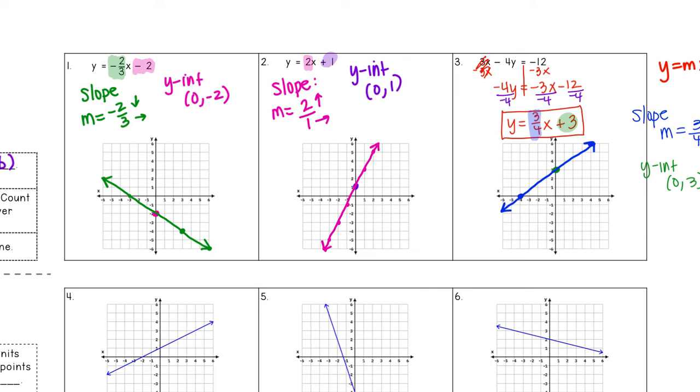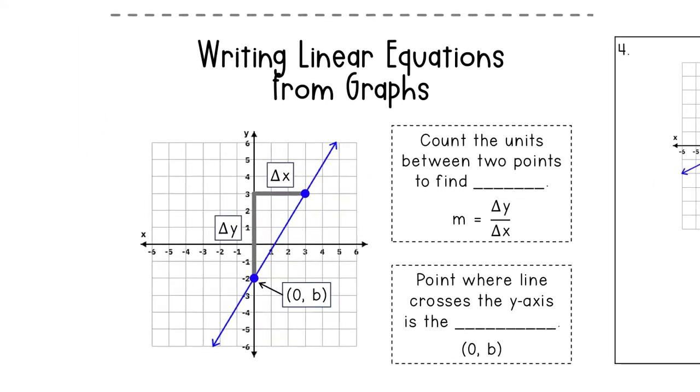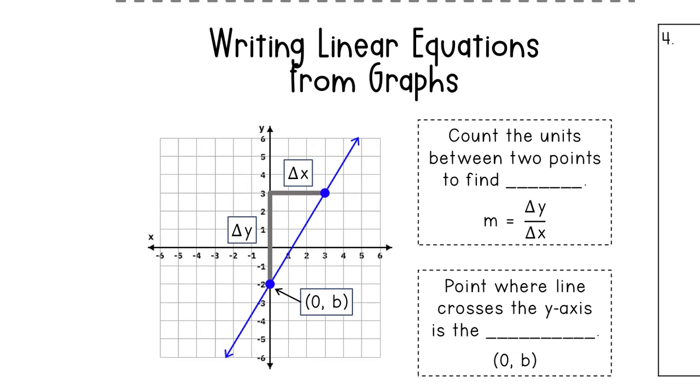But now we need to know how to go backwards as well. So if they give us a picture of a graph, we need to be able to say what the equation of that graph is. So let's go back to the front of our notes. There's a few things that you're going to need to look at.